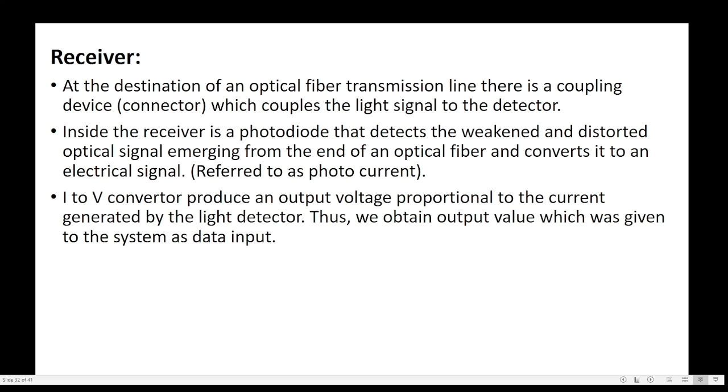Inside the receiver, a photodiode or photodetector detects the weakened and distorted optical signal emerging from the end of an optical fiber and converts it to an electrical signal.